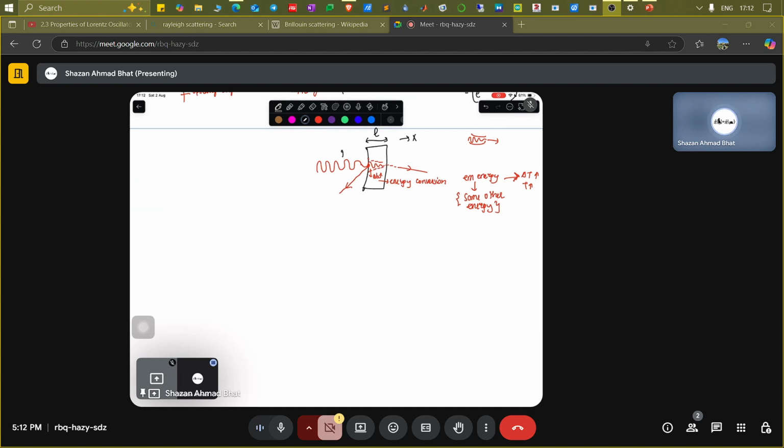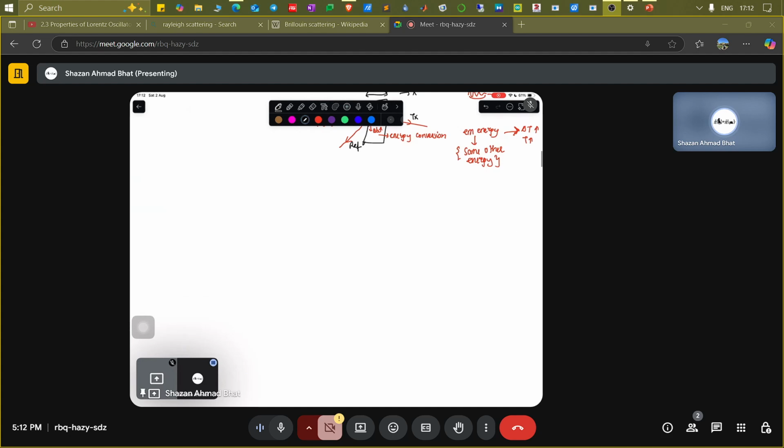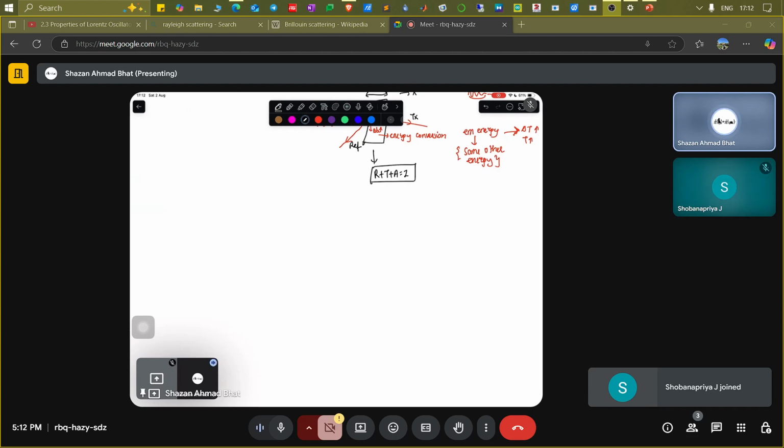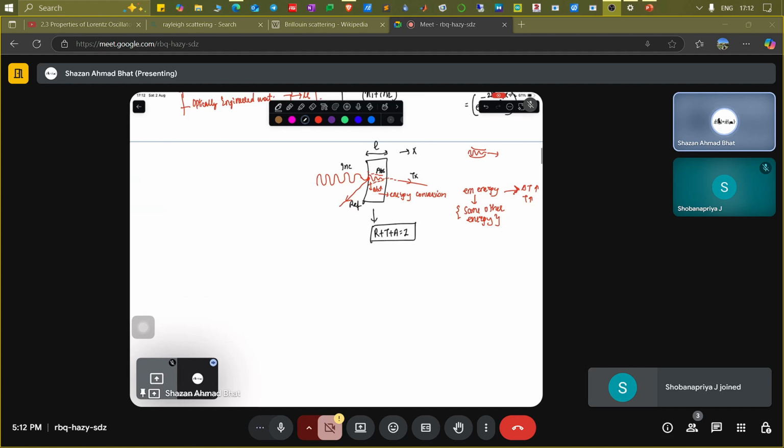So this is the incoming wave. This is the reflected wave. This is the transmitted wave. So this is the absorbed part. So overall, reflection plus transmission plus absorption is equivalent to one, because those are the scenarios which are going to happen whenever an electromagnetic wave hits the medium.